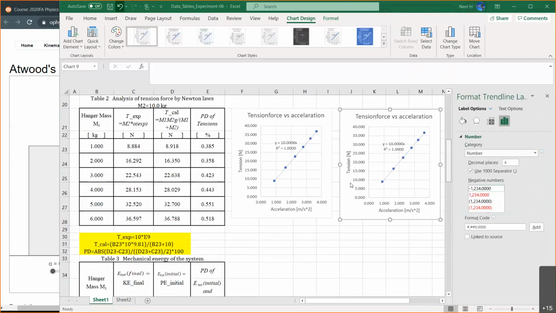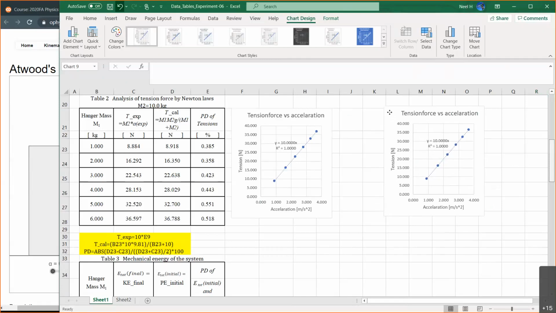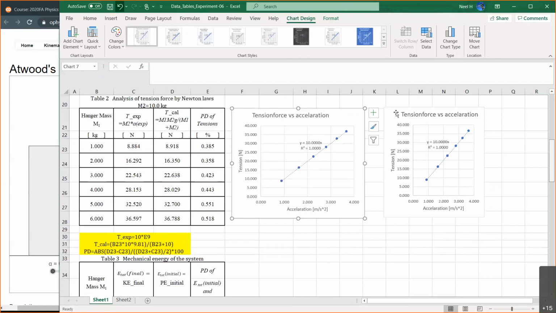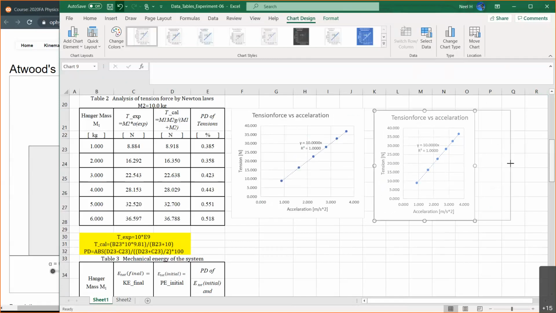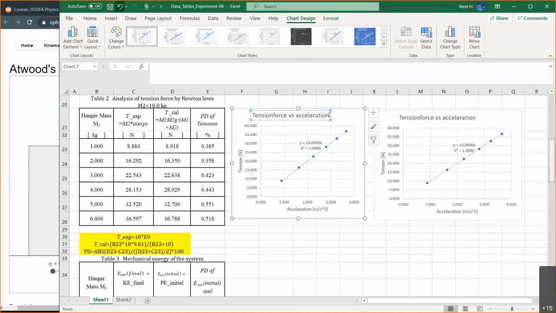Okay, question. Since the two graphs are the same, if I include these two into the report, then it looks very similar, right? So then make sure you rename this properly, right? So let's rename this. You can change the colors if you want to, but naming is more important than that.